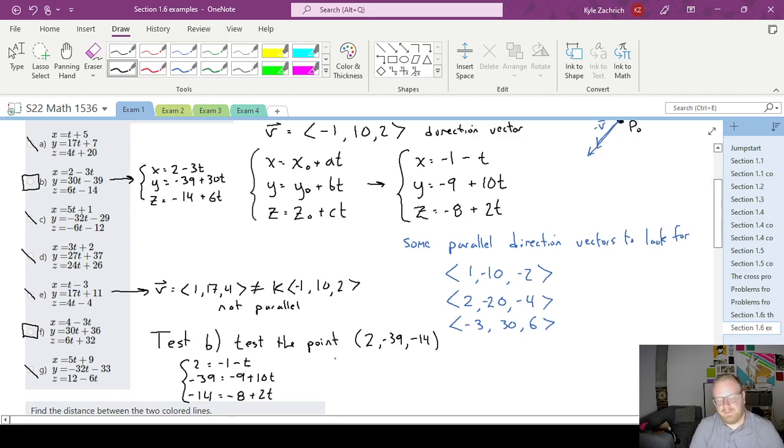And again, for testing out a point, we're going to see if that t value is the same for all of these.